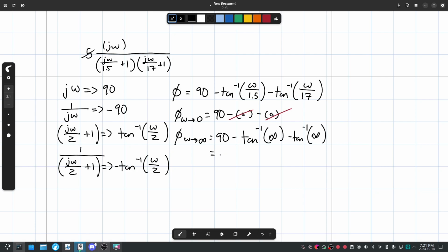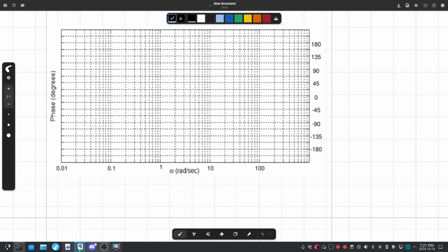And that goes to 90 minus 90 minus 90. Negative 90. So we are going to be starting the graph at 90 degrees. We are going to be ending the graph at negative 90 degrees. Let us mark that on the graph here, just so we don't forget.